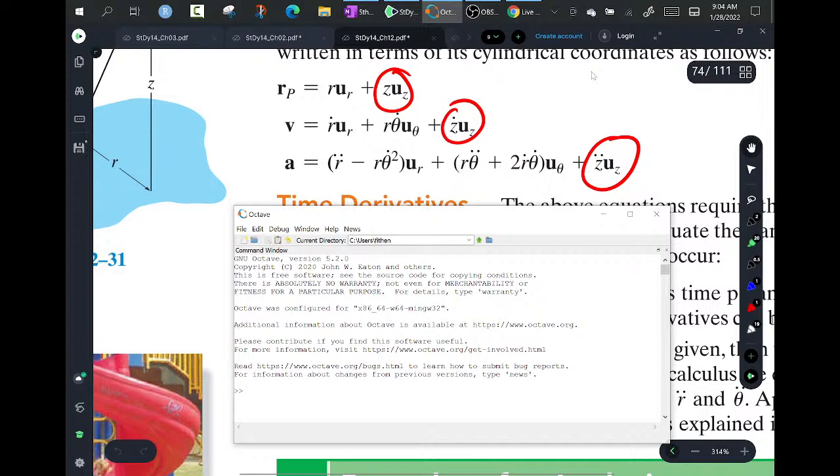Let me check to make sure how it goes there. Okay, that might be.